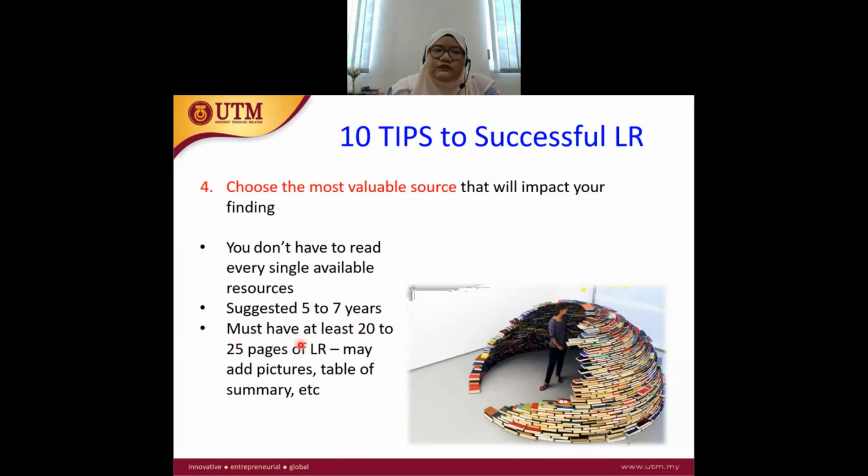Why do you have to achieve this? Because in your final year project, you have to write at least 50 pages for your final thesis, starting from the introduction. So that's why you need a literature review of about 20 to 25 pages, in order for you to achieve 50 pages and get an A.